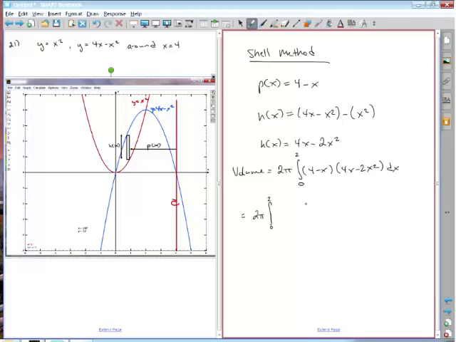So we multiply this out, and we'll get 16x, 4 times 4x is 16x. We'll get negative 4x squared by doing the inner. The outer is going to be negative 8x squared.